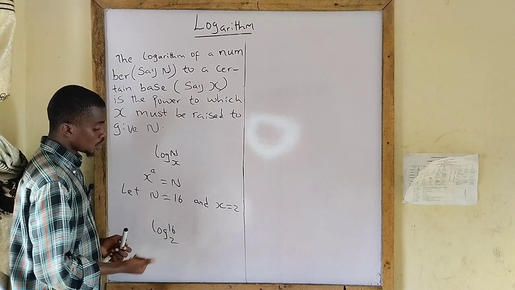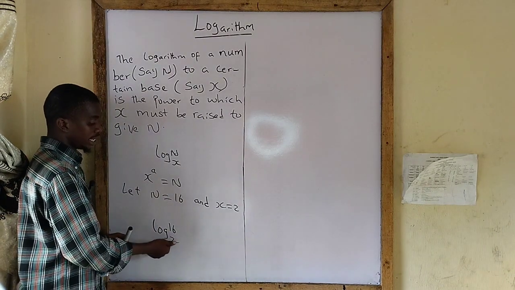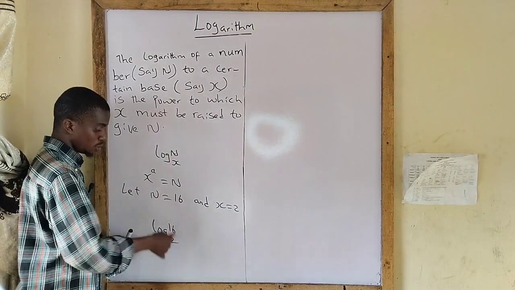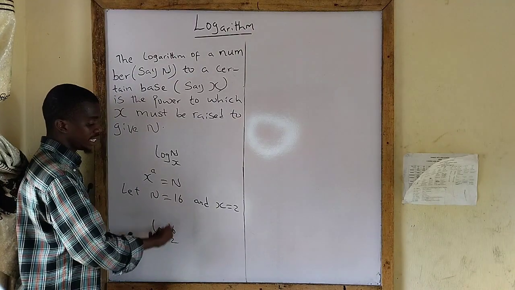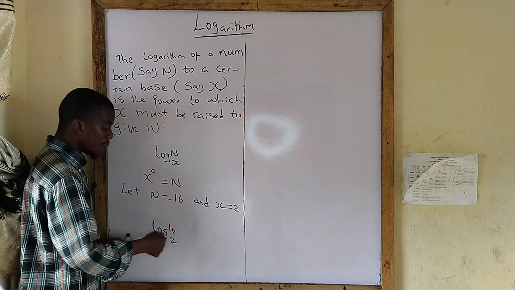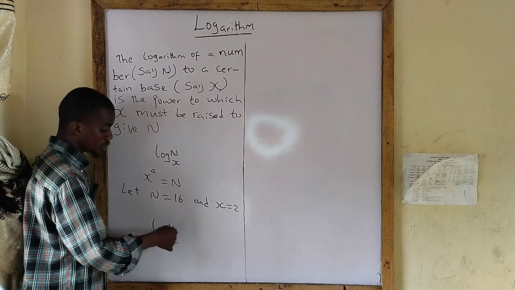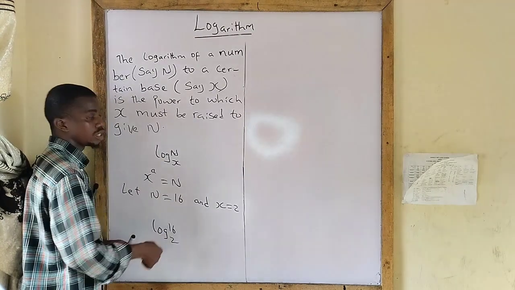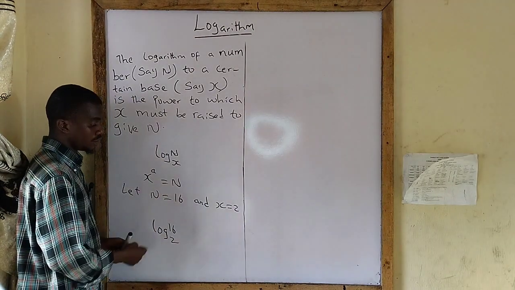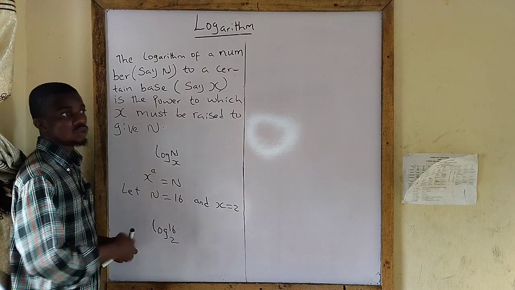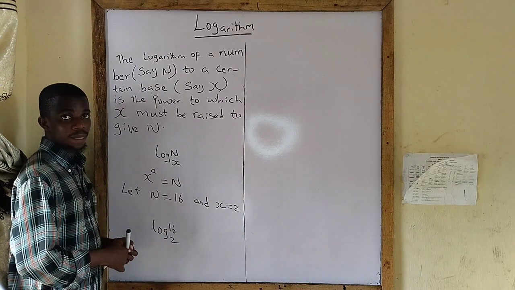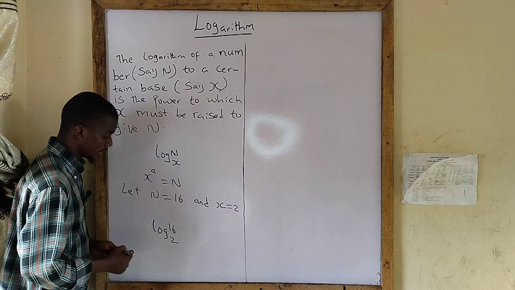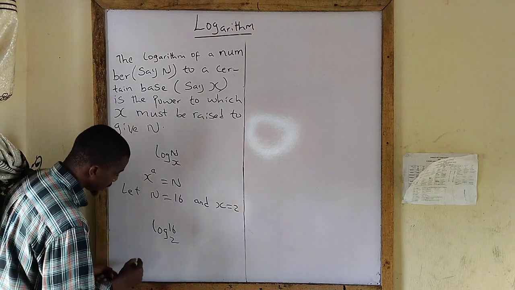That is to say, what is the number that 2, which is the base, will be raised to for us to obtain 16? Whatever power 2 will be raised to for us to obtain 16 will be the log of 16. Now we write this in index form.